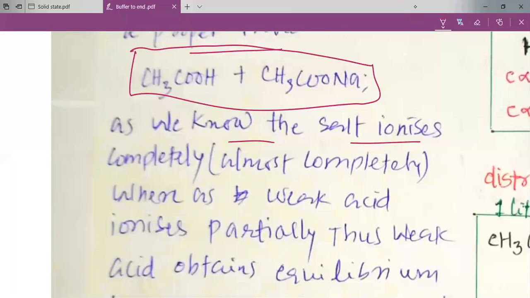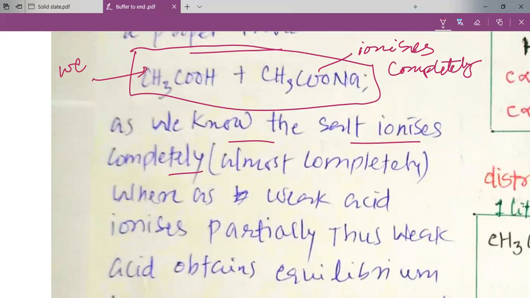As we know, this salt ionizes completely, and this acid being weak, it ionizes partially.